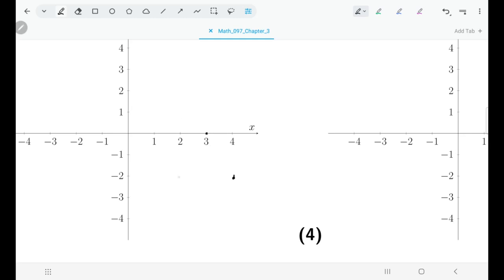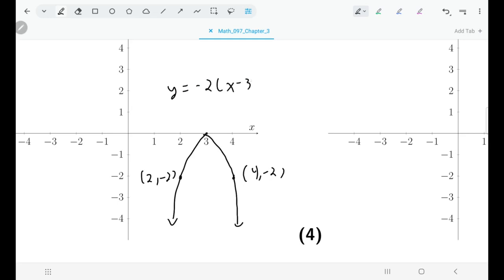And (2, 1), I multiply the y value by negative 2 to get (2, negative 2). So we've now taken our function and we've stretched it and flipped it. So this is now negative 2 times (x minus 3) squared.